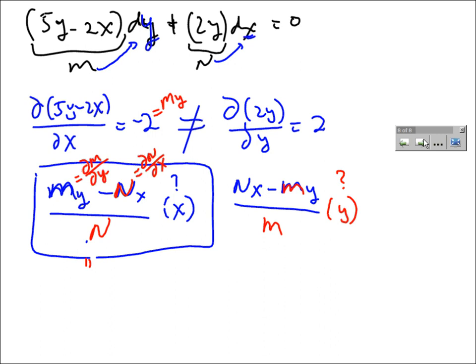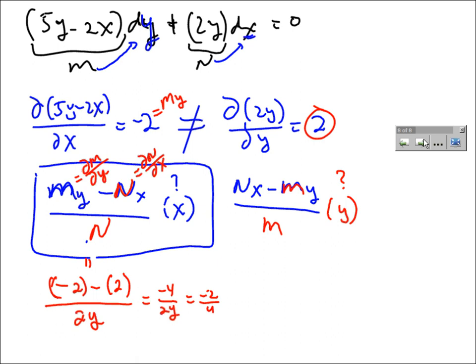So this one is going to give us M sub y minus N sub x, which is 2, divided by N, which is 2y. So I get negative 4 over 2y, which is negative 2 over y.